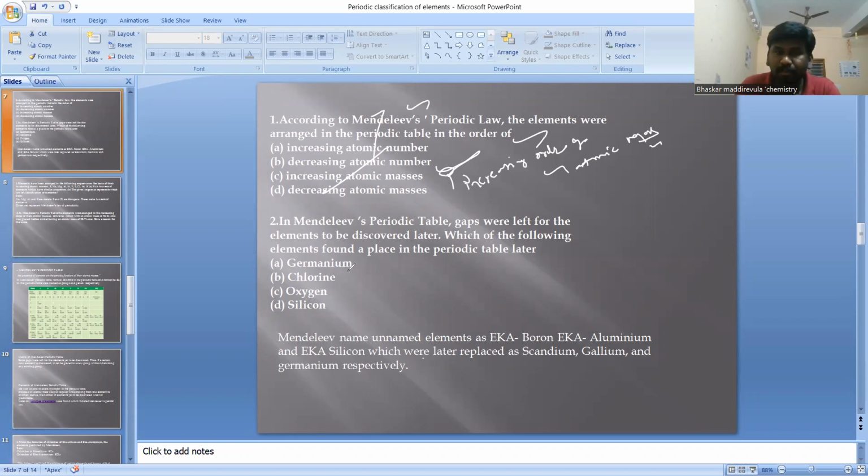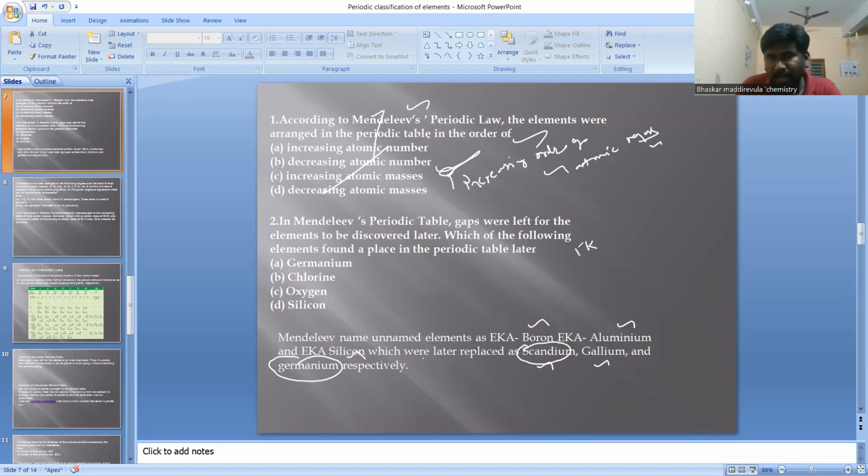Mendeleev gave names to unnamed elements like this: Eka boron, Eka aluminum, and Eka silicon. Later on, Eka boron became scandium, Eka aluminum became gallium, and Eka silicon became germanium. Remember these elements.